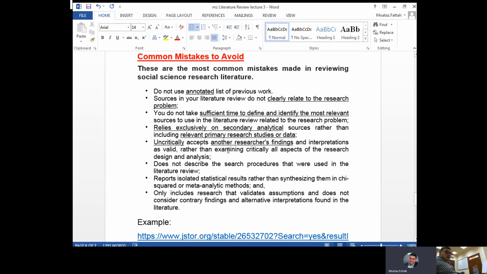I want you to examine critically all aspects of research, design, and analysis. Might be, yes, he is partially right, or she is partially right, but not fully right. There was a hasty generalization here. She overgeneralized, or he overgeneralized.